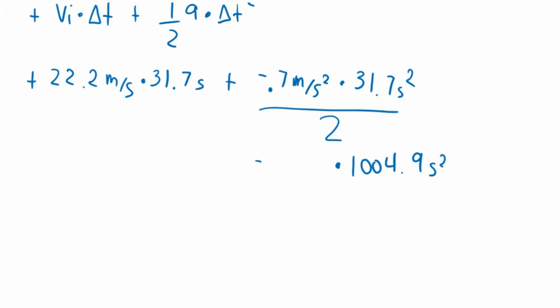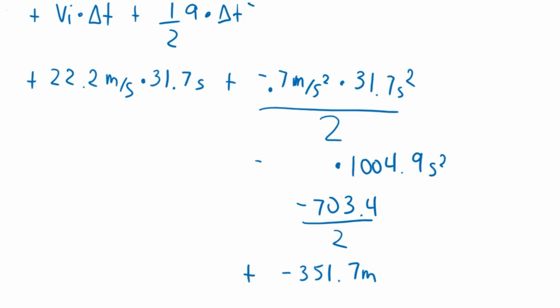So we'll just continue down here. It's going to be negative 703.4. Divide that by 2. So therefore it's going to be negative 351.7. And the unit that we're left with is meters.